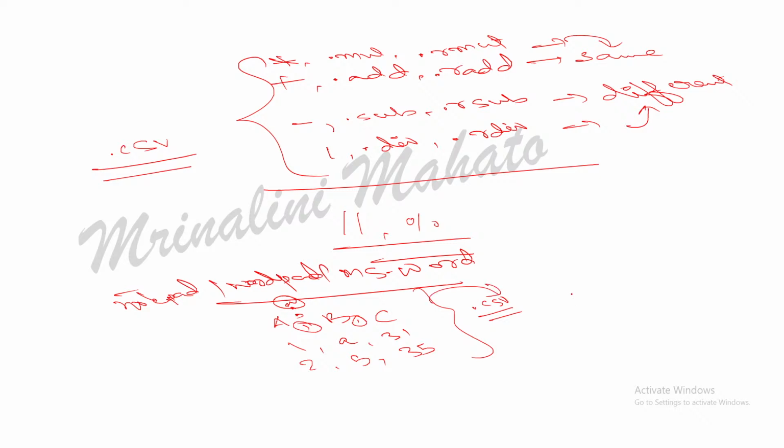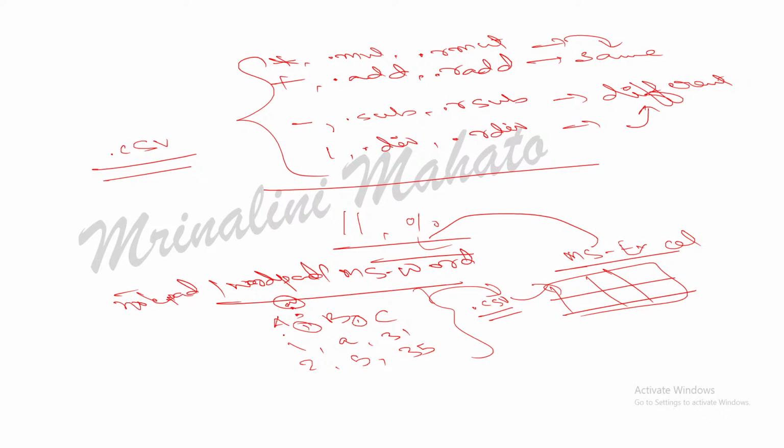Whenever you open it in MS Excel, it will open in tabular format. Except MS Excel, in whatever application you open it, it will show the delimiter symbols. Clear? So this is the benefit of CSV. Everywhere it will open the same.